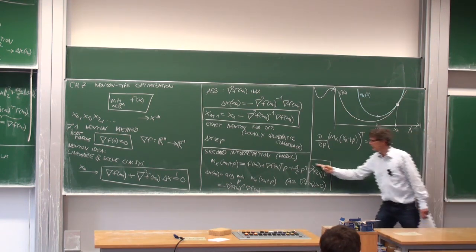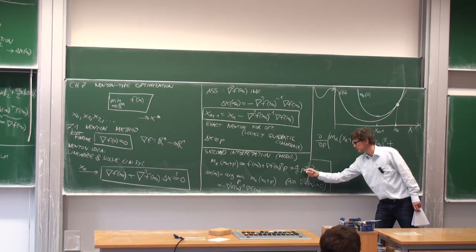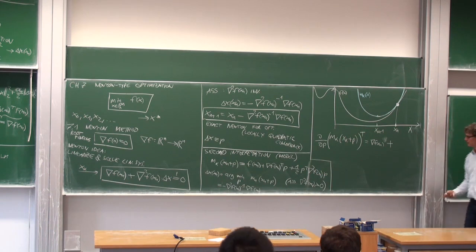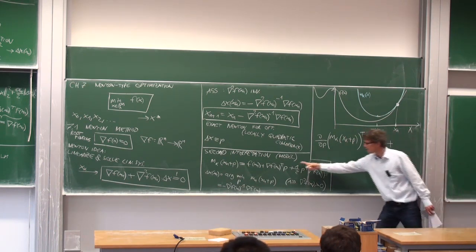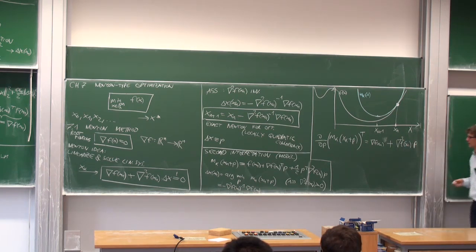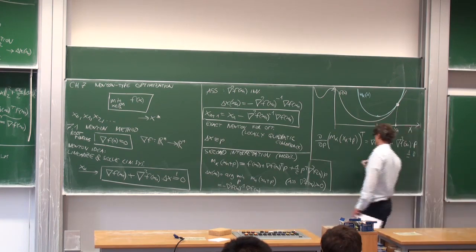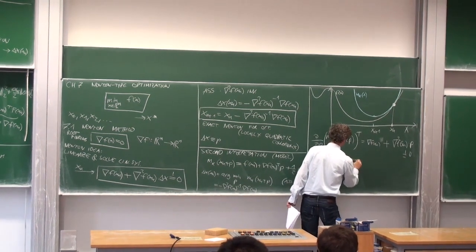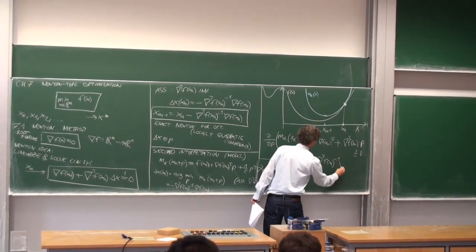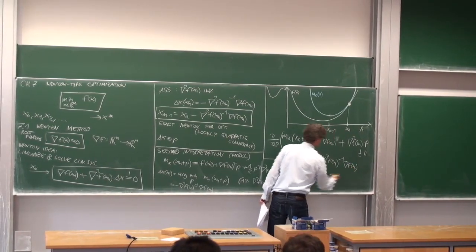And the derivative of the second-order term, p transpose Hessian times p, the 1/2 cancels, and the end result is the second derivative of f at x_k times p. Now we set this to 0 and invert, and we get that p is equal to minus nabla squared f of x_k inverse times nabla f of x_k.